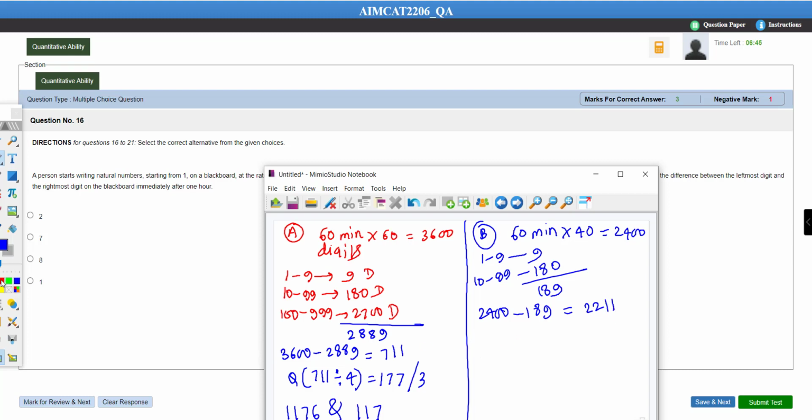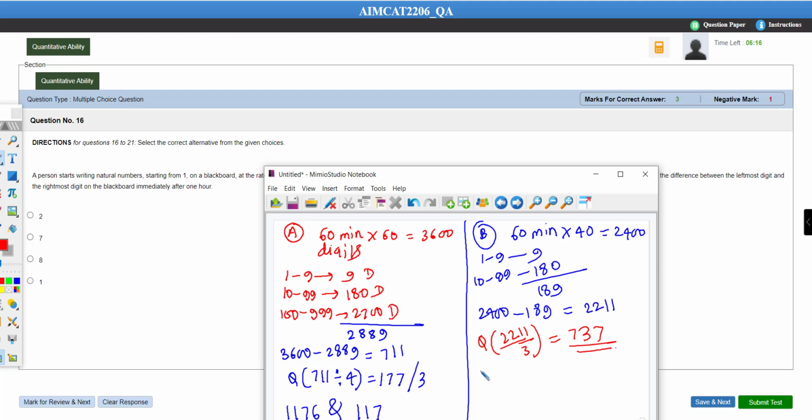So we are supposed to find the quotient of 2211 divided by 3. 3 sevens are 21, 3 sevens are 21, so it is 737. It is completely divisible. So the last number he will delete is the 737th number starting from 100.